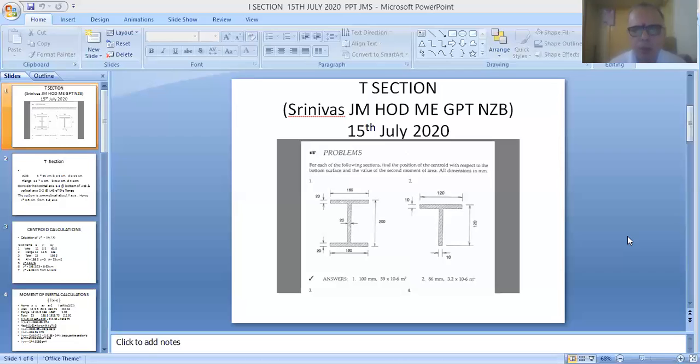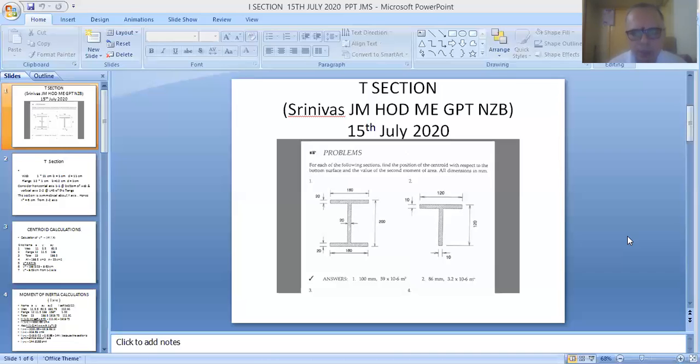So the vertical component is named the web of the section, and the horizontal component is named the flange of the section.